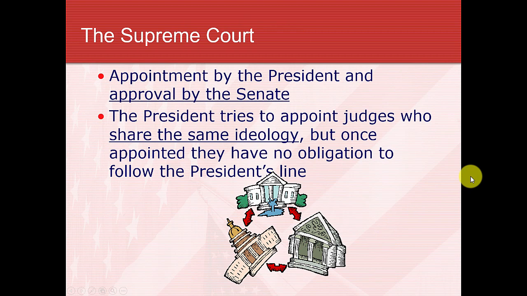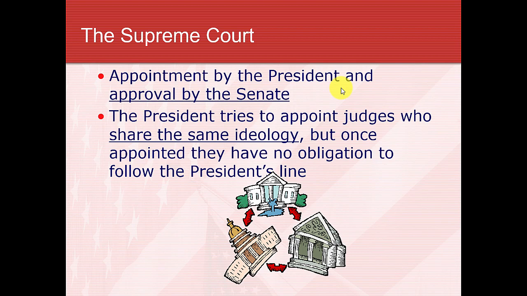So how do you get on the Supreme Court? Well, you're not elected. You're appointed by the president, and then you have to be approved by the Senate. So right now, if there was an opening on the Supreme Court, President Barack Obama would nominate or appoint somebody he wants to be on the Supreme Court, and then that person would have to go in front of a panel of the U.S. Senate and be grilled for like 1, 2, or 3 days, just like a huge job interview.